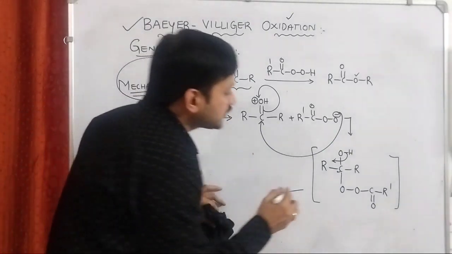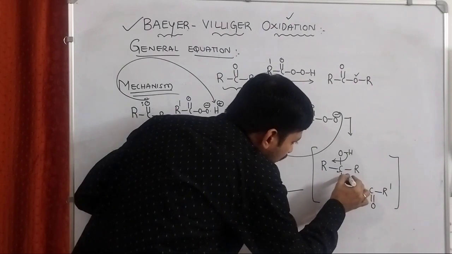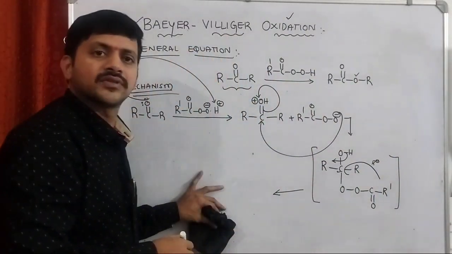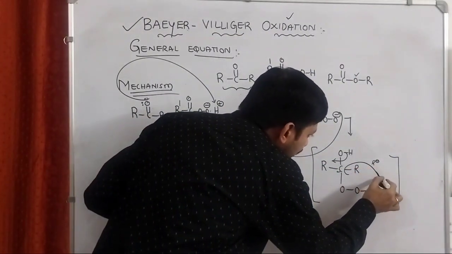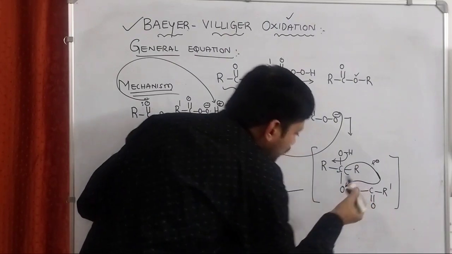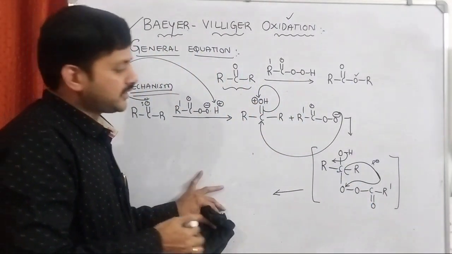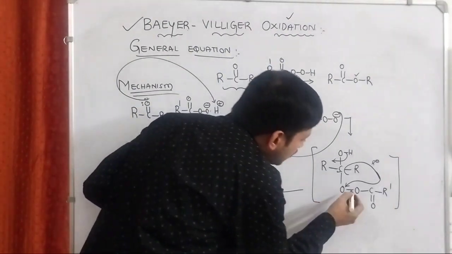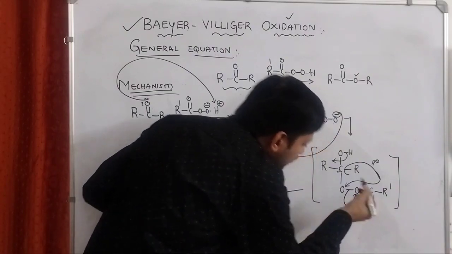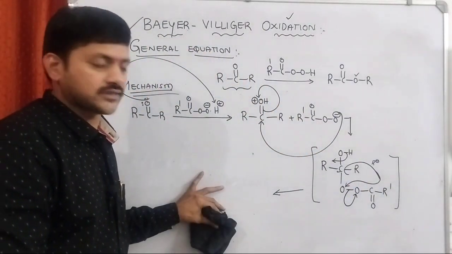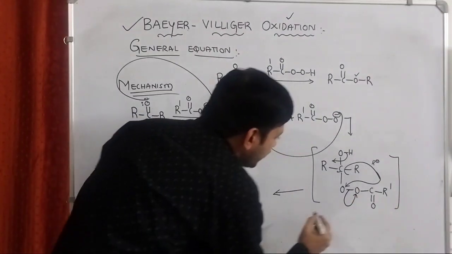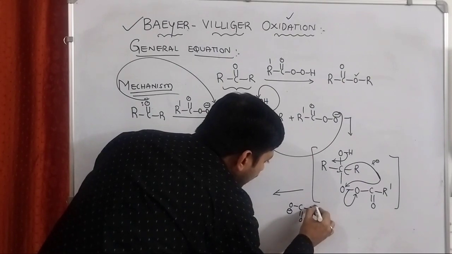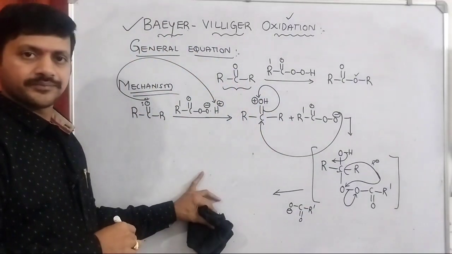Because of that, one of the R groups is removed in the form of R minus. The R minus is going to shift from the carbon to the attached oxygen. Thereby the valency of oxygen is changed. In order to satisfy its valency, these single bonding electrons move towards the oxygen. So finally, O minus C double bond O R dash will be removed.